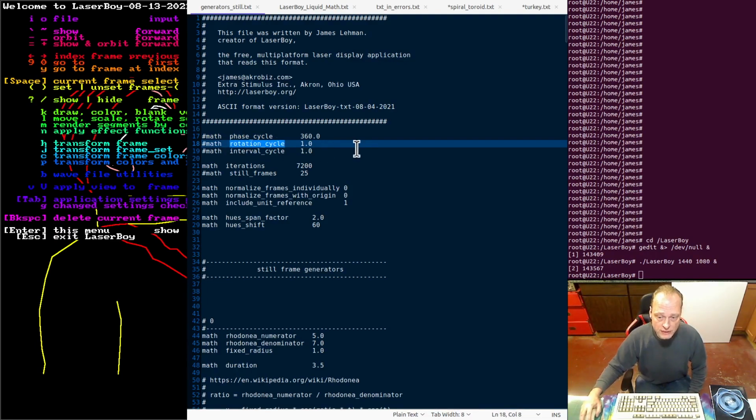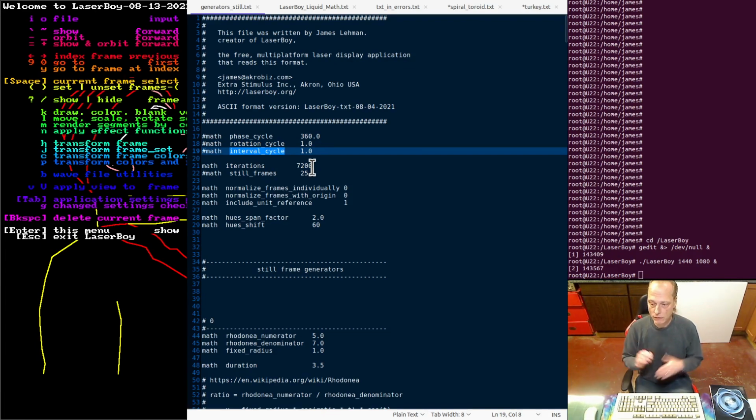This rotation cycle, you remember how we did the rotate this way and then the rotate that way and so forth. Rotation as a parameter is in cycles of one full rotation. Okay, you could put 2 pi in here if you wanted to, and it would be in radians. Okay, same as the interval cycle.